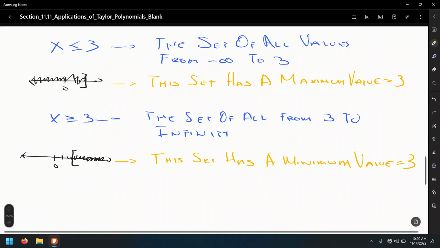All right, that's another way to interpret inequalities. You may not have seen inequalities this way, but now you have it. And again, we need this for our exercise over here.